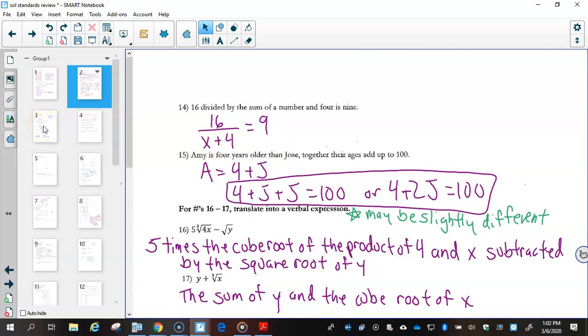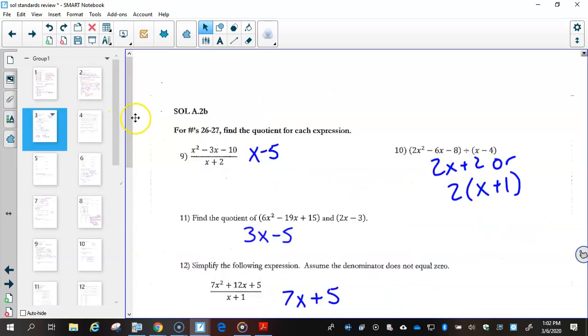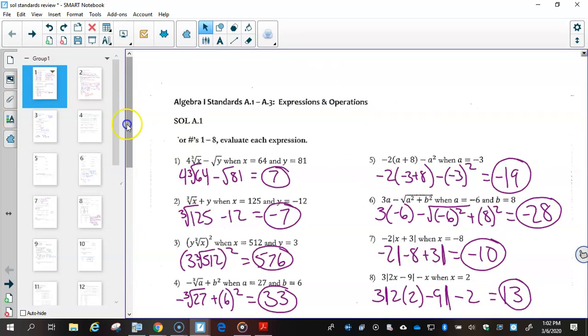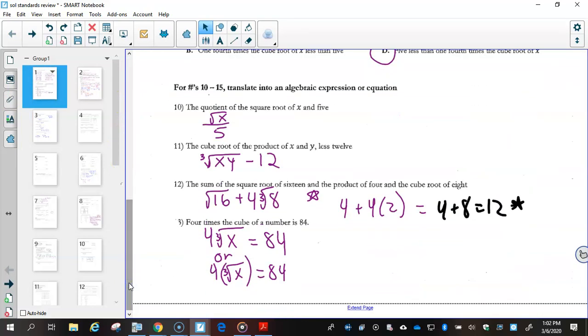Brianna, go back to which one? She needs to go back to this page.